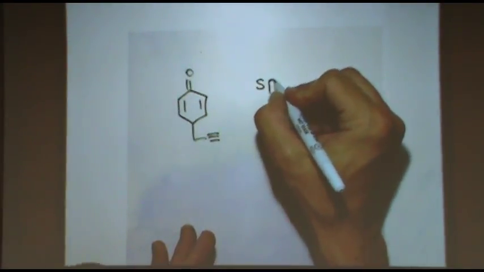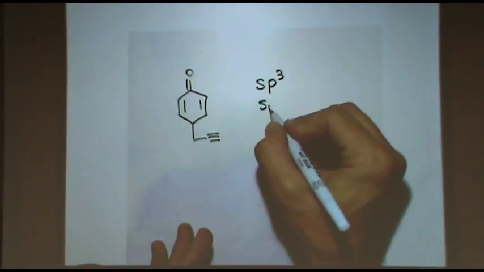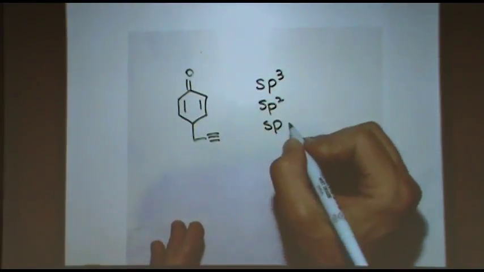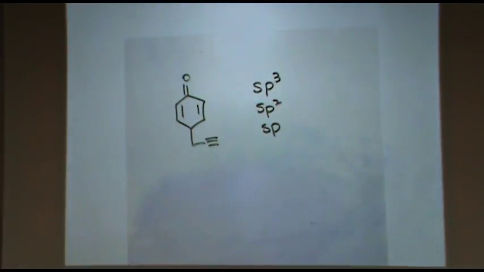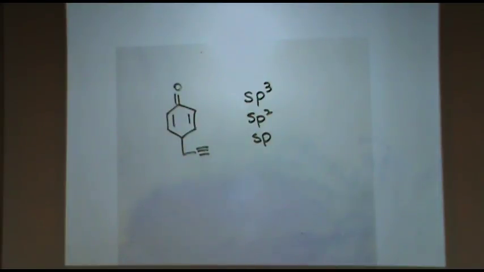I want to know how many sp3 carbons there are, how many sp2, and how many sp carbons there are. Just as a review, you can think ahead if you'd like to: sp3, 4 groups; sp2, 3 groups; and sp would have 2 groups. Also remember that every carbon has 4 bonds, so if you don't see something there, that means there's an undrawn hydrogen.